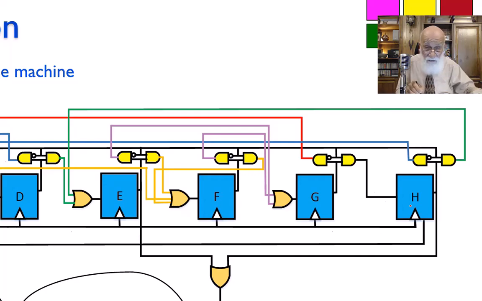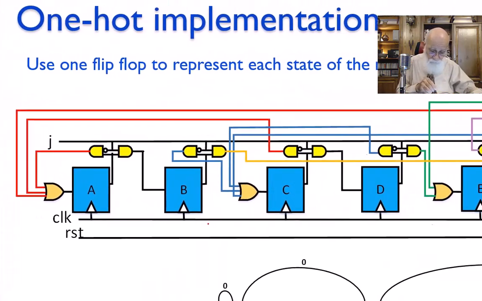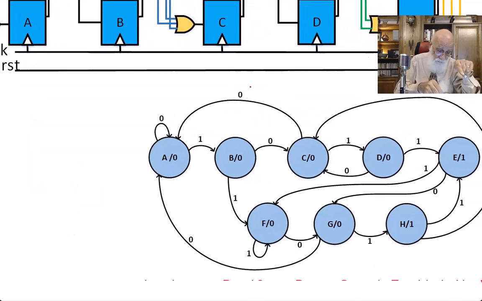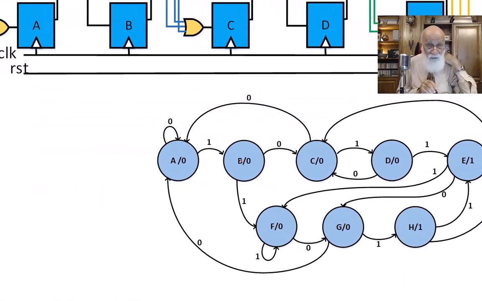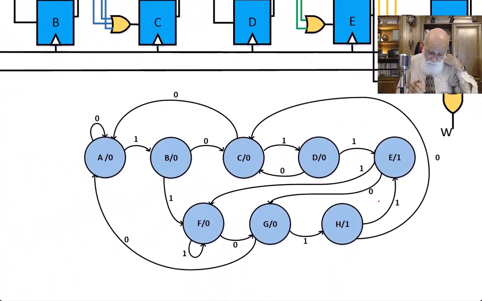Some of them, like the H, B, and D. These 3 states there is only one edge going into them. Look down here. Look at B. There is only one thing going into B. Look at D. There is only one thing going into D. Look at, what was the last one? H. Only one edge, only from G goes into it, and therefore putting the OR gate there or not doesn't matter.